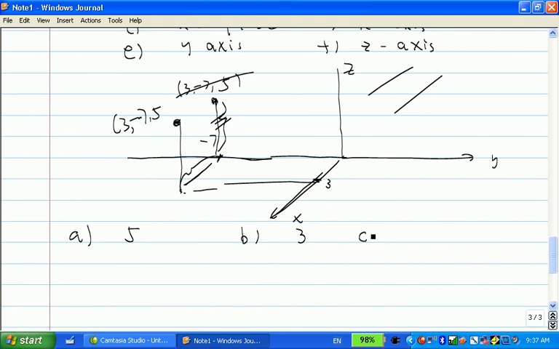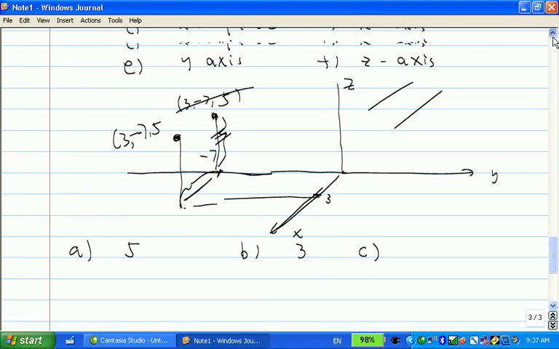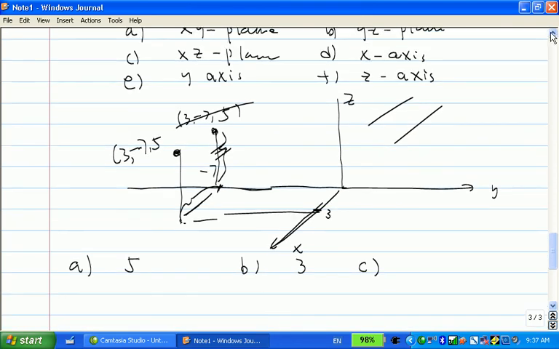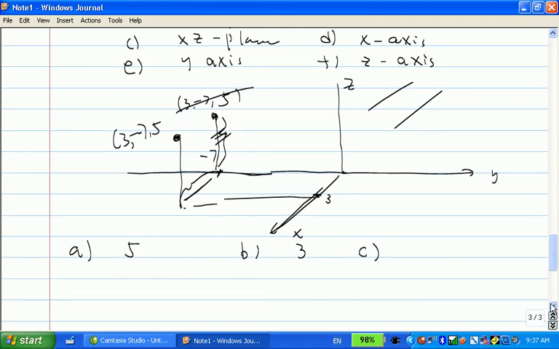Okay, C. What is C? Distance to the xz plane. The xz plane is the plane determined by the x and z axes. The distance obviously is this one, okay?